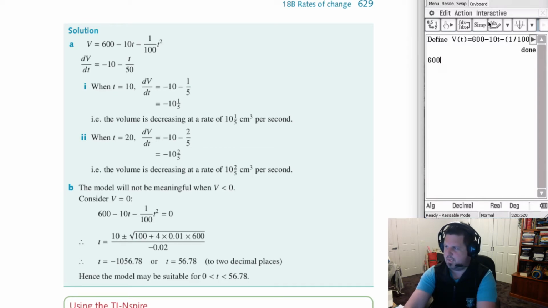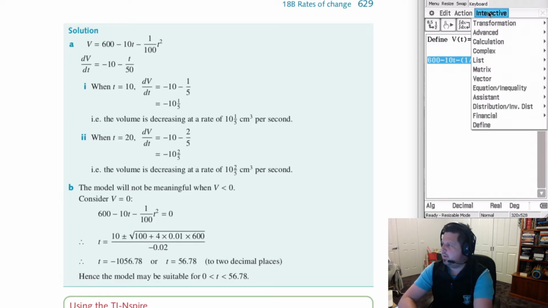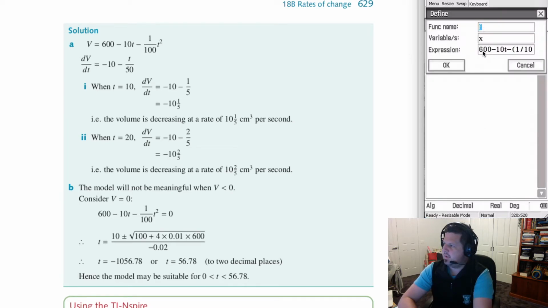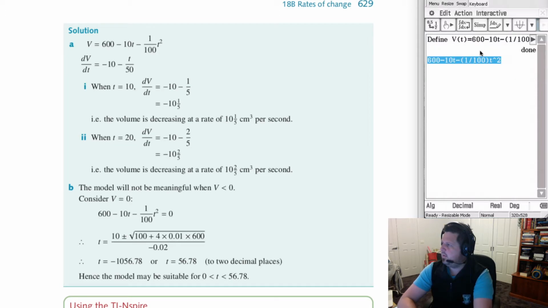It's not v equals, just do 600, take away 10t, take away 1 over 100, t squared. When you go to define it, the expression doesn't have v equals. You're putting it up here in the function name v and t there. When you click OK, it will define it as follows.